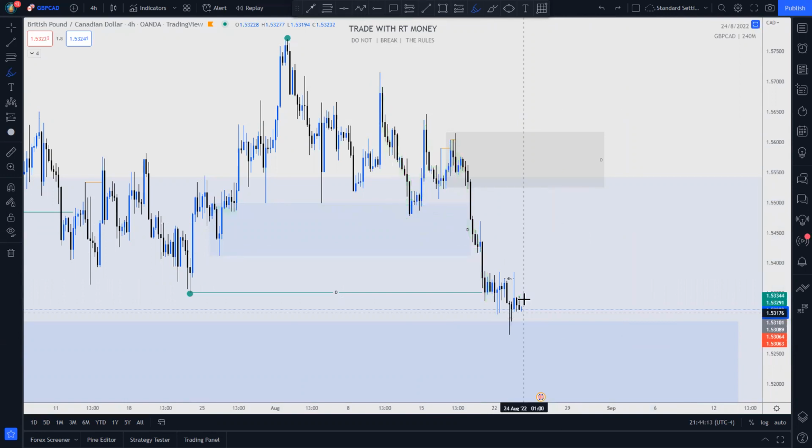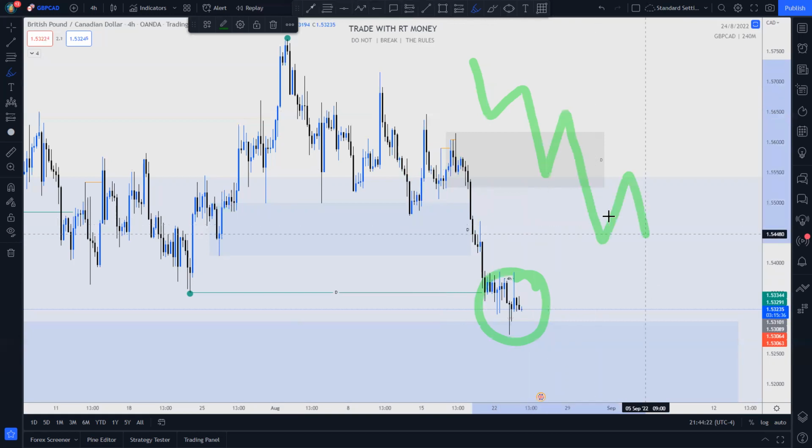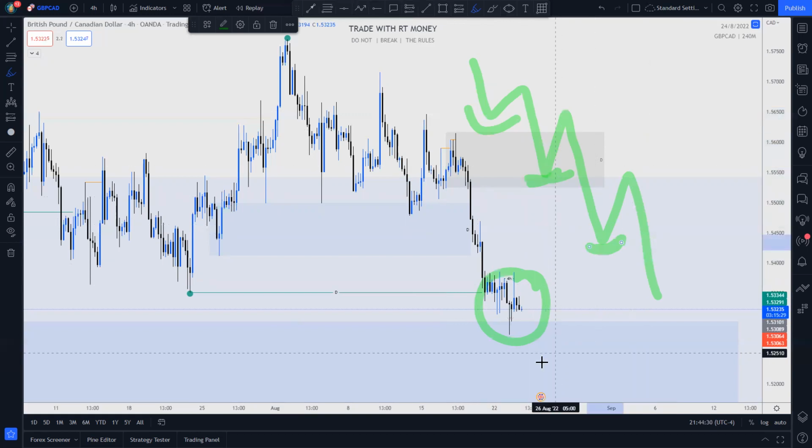I'm looking at this low as a weak low because in a downtrend, when you're looking at lower lows and lower highs, all of these lows are weak. That's why they're being targeted for liquidity. You expect price to take these lows out.